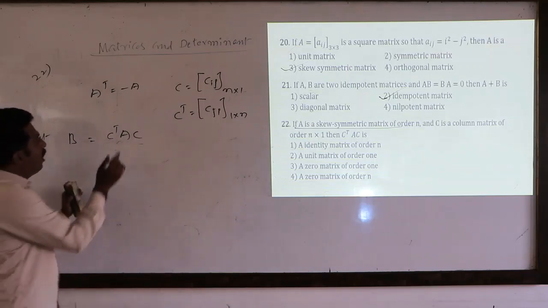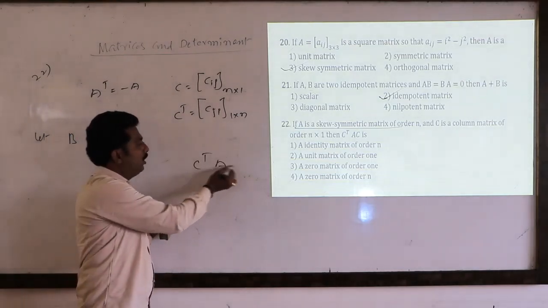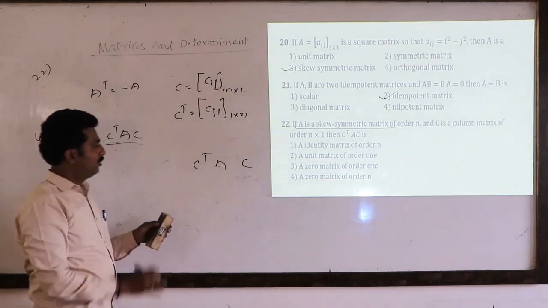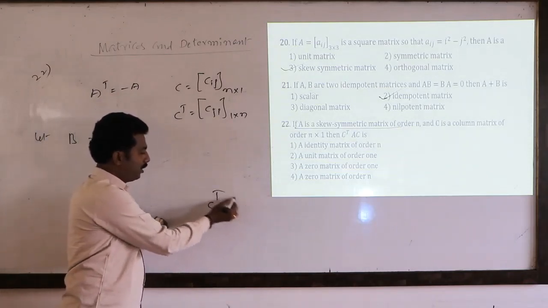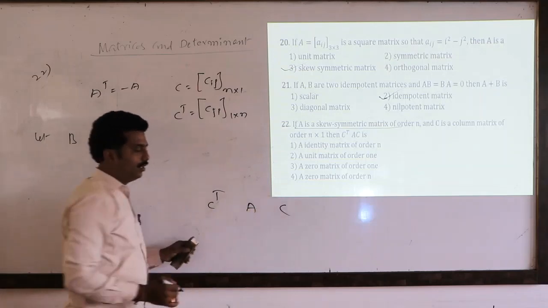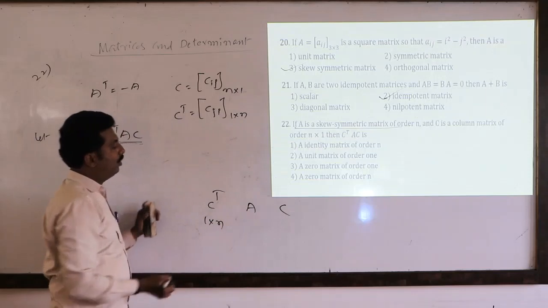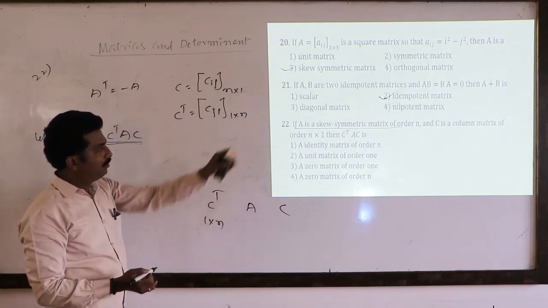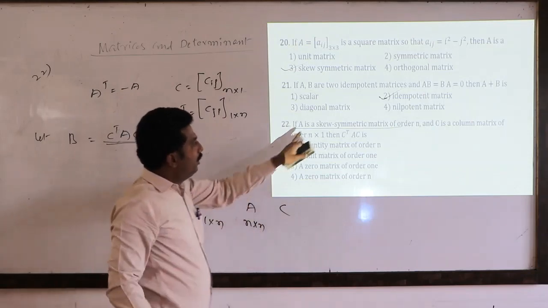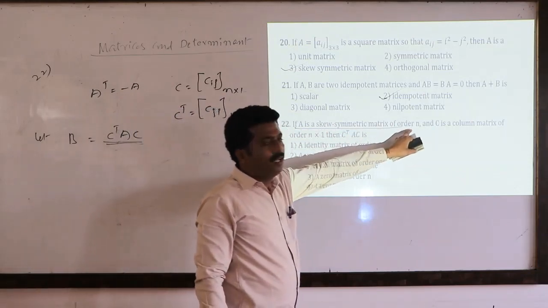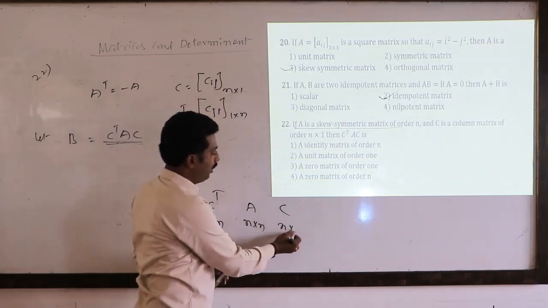What about this order? C transpose order is 1 by n. A matrix order is n by n, since A is a skew symmetric matrix of order n by n. C order is n by 1.